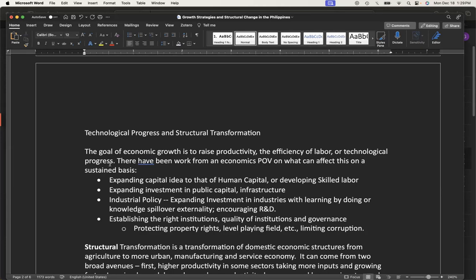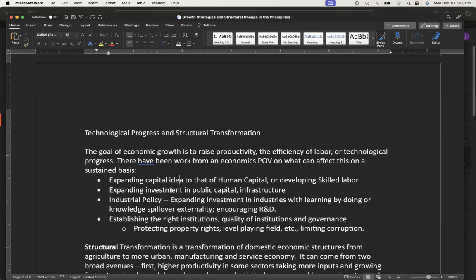There has been work from an economics point of view on what can affect this on a sustained basis. You can expand human capital or develop skilled labor, which will improve the efficiency of labor. Expanding investment in public capital and infrastructure will also tend to increase the productivity of people in a country.